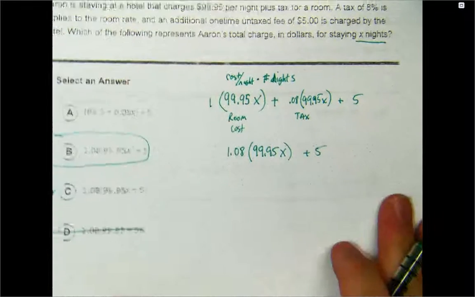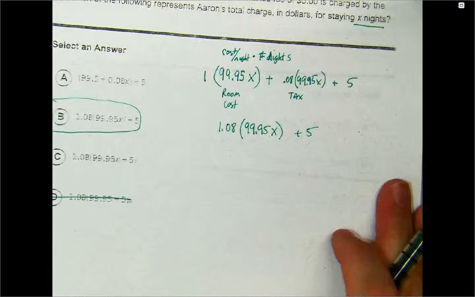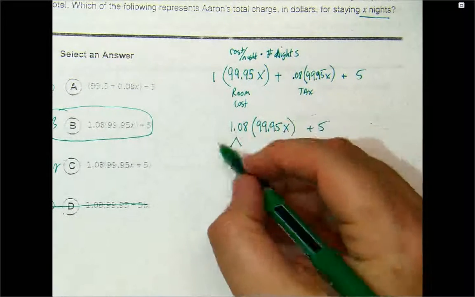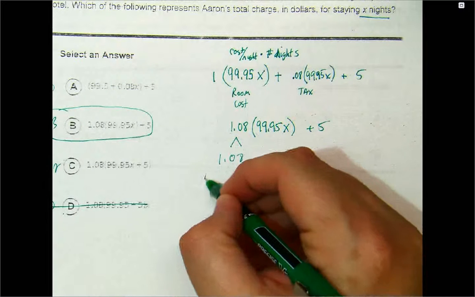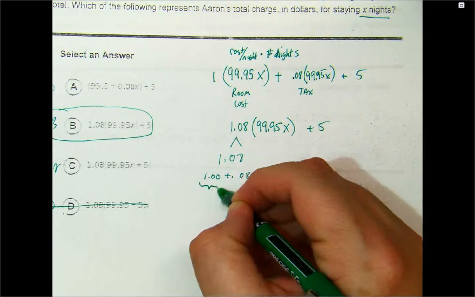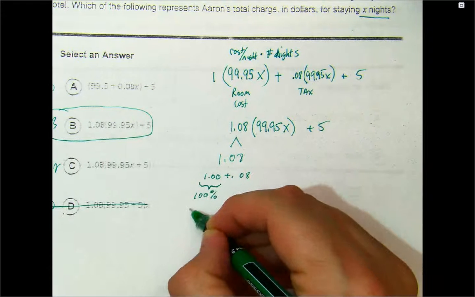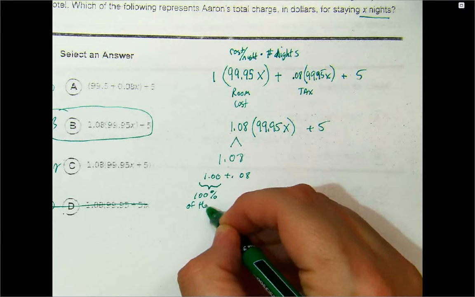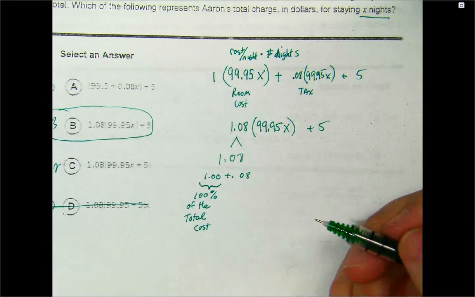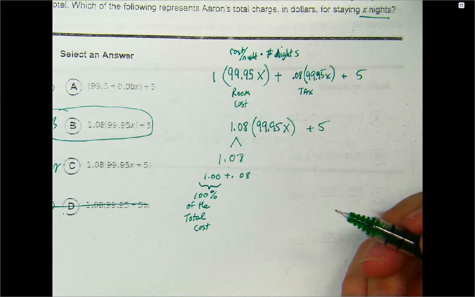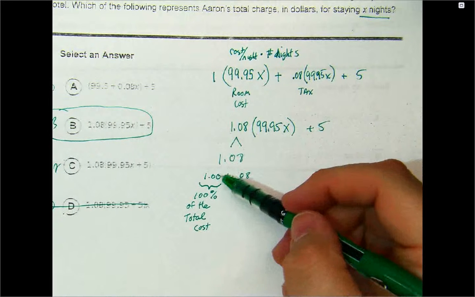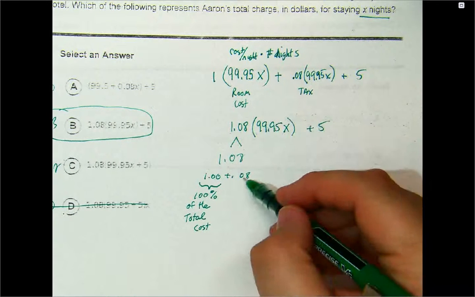Now, the big question that always comes up is, where does this 1.08 come from? The 1.08 can be broken down into 1.00 plus 0.08. This is 100% of the total cost. So whatever you're paying for the room, that's where the 1 comes from. It's 100%. Here is your tax rate.